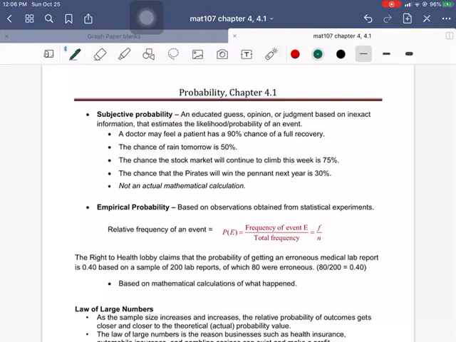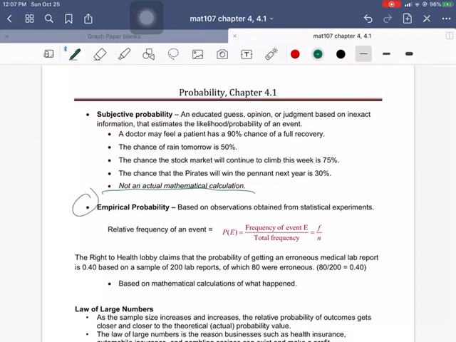We can only guess that it's 50%. We can make an educated guess, but we're not sure. Chance the stock market will climb this week. Chances a sports team will win a match. You can make all kinds of educated guesses on who will win the elections, but nobody knows. They can't say. It's not based on actual mathematical calculation.